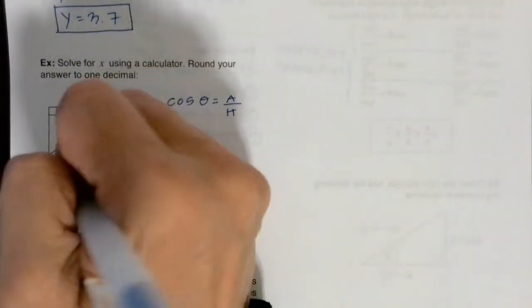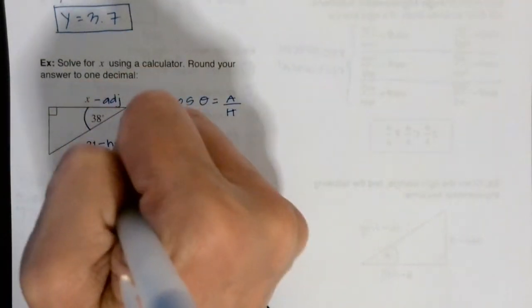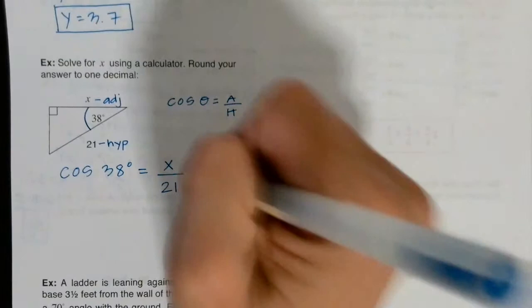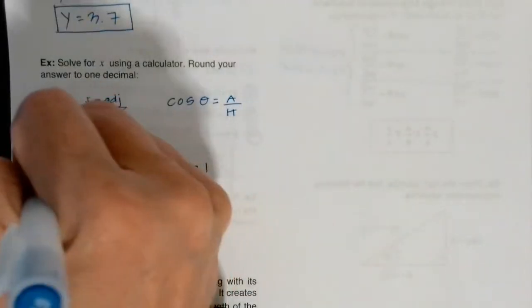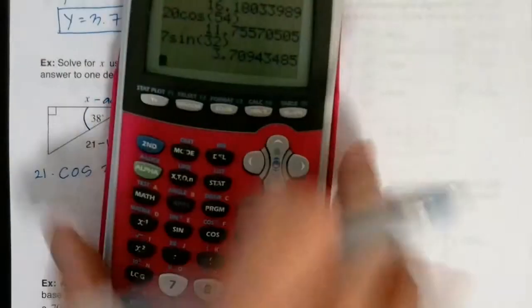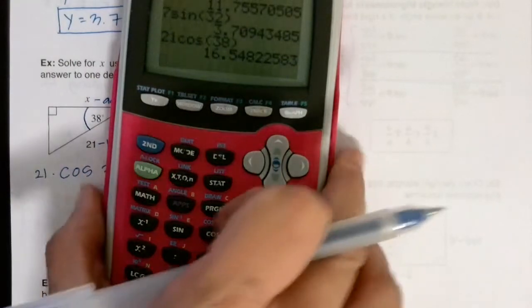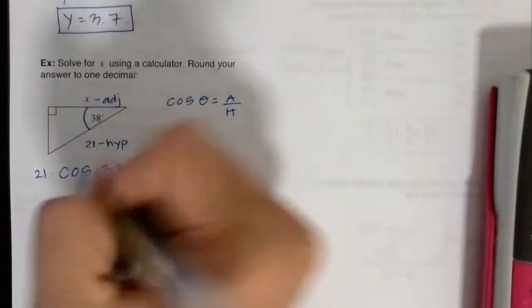So we take the cosine of 38 degrees, and we get x over 21. Multiply both sides by 21, and you get 21 cosine 38 degrees, which gives us 16.5.